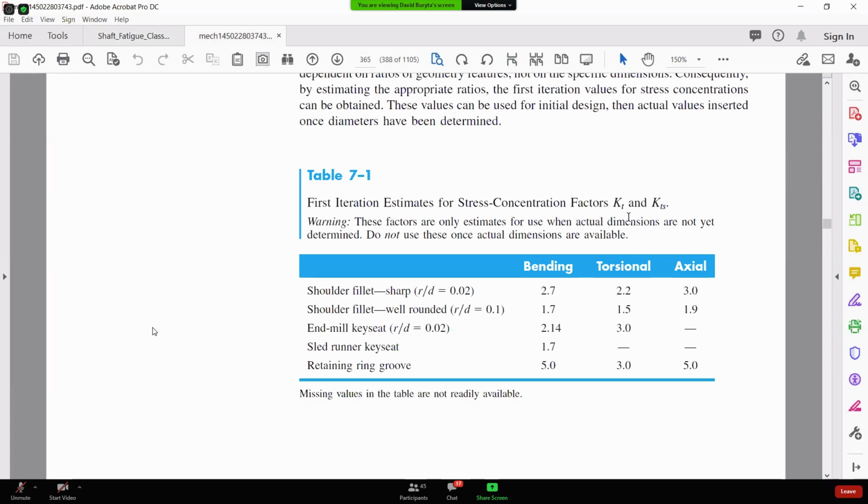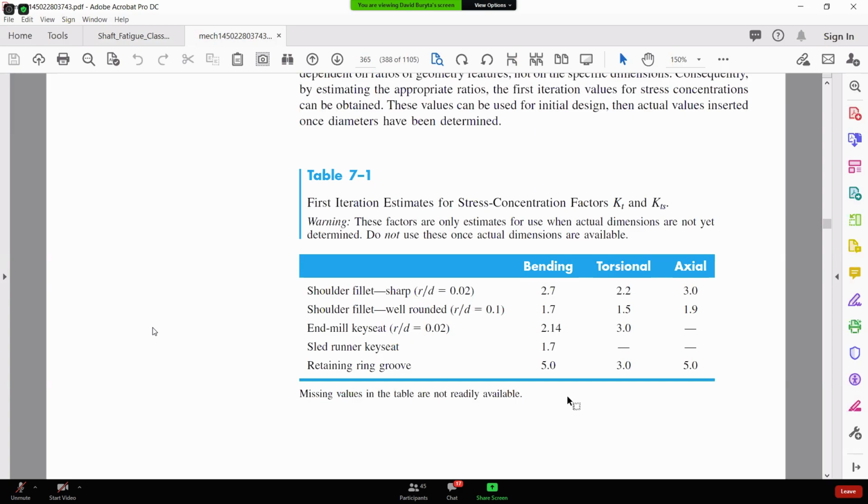So this is not the fatigue stress concentration factor. This is the static stress concentration factor. They tell us for bending, it's 1.7 for the KT value. To be able to calculate the KF, we would need to know what the radius at the bottom of the keyway is.